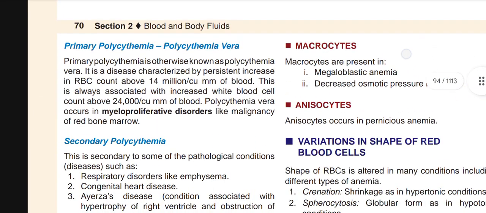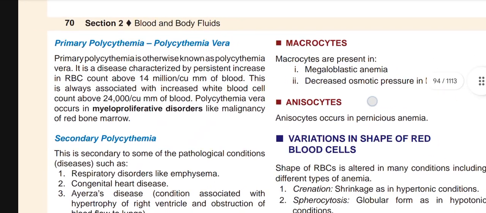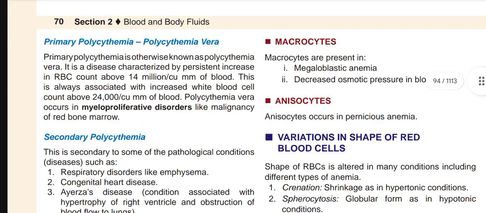What is primary polycythemia? Primary polycythemia is known as polycythemia vera. It is a disease characterized by persistent increase in RBC count over 14 million per cubic mm of blood. This is always associated with increased white blood cell count above 24,000 per cubic mm of blood.